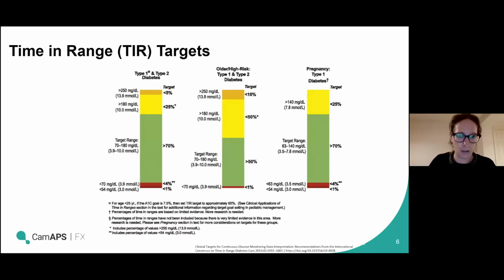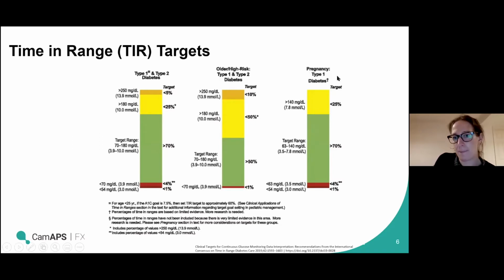That's why they're a target, but this is what we can be aiming for. We're looking at a time of more than 70% in the target range of 3.9 to 10. But this needs to be achieved with time in hypoglycaemia, so less than 3.9, of less than 4%, and time in what we call clinically important hypoglycaemia, so less than 3.0, we want to be less than 1%.